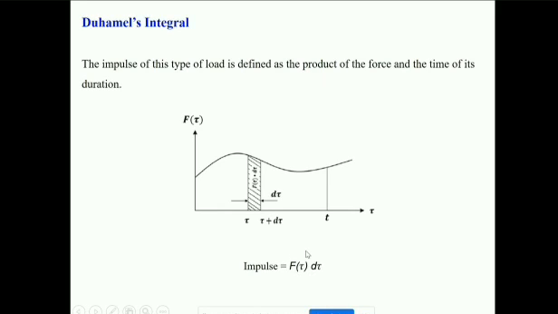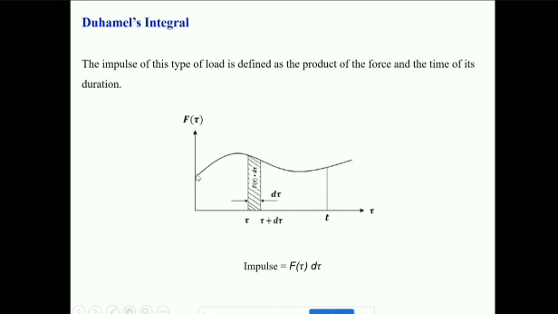Is this understandable? Now try to imagine that the area under this forcing function can be considered as a combination of small strips.